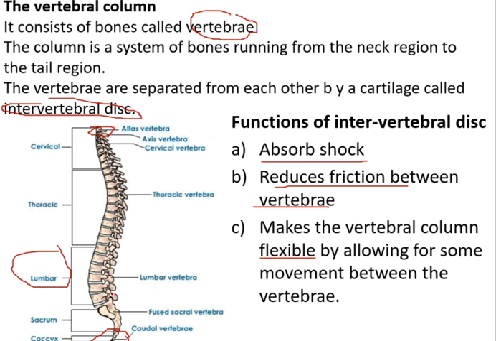Then after that we have sacral vertebra here, and they fuse to form a bone called sacral. The last vertebrae is called caudal vertebrae, which is fused to form a coccyx. In evolution, we refer to it as vestigial tail, because it is a vestigial structure in human beings.